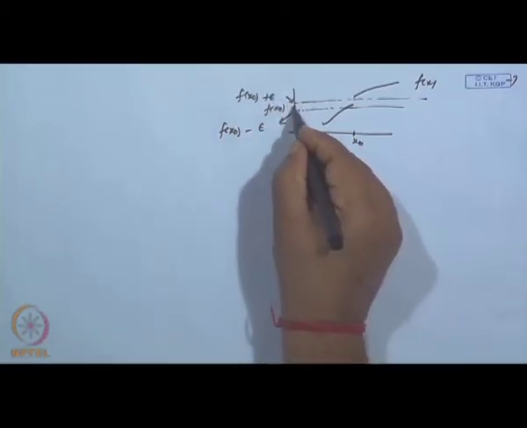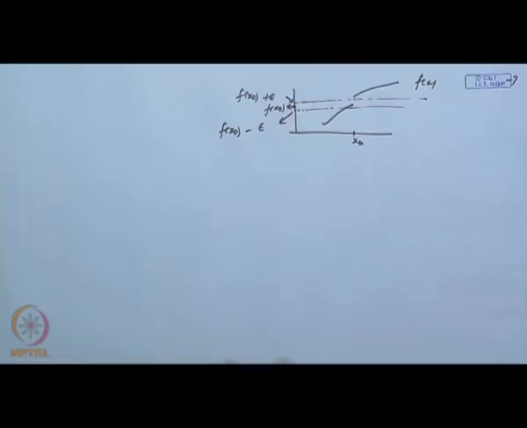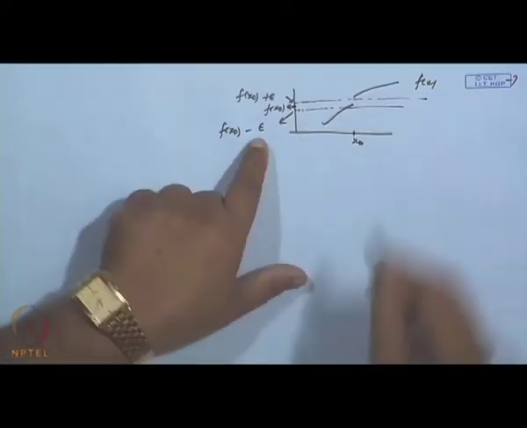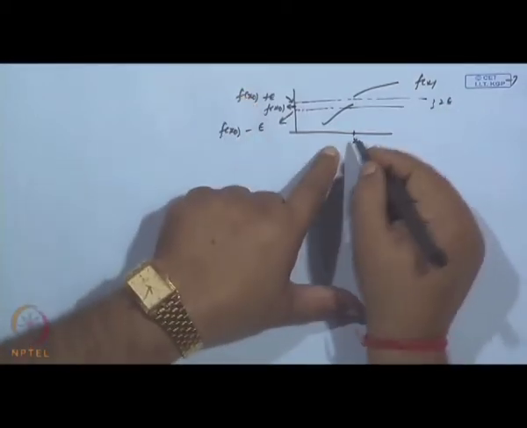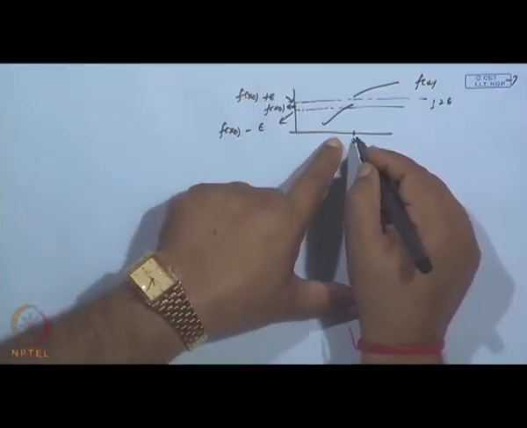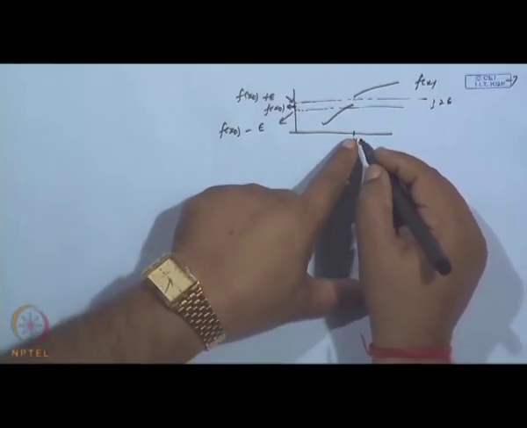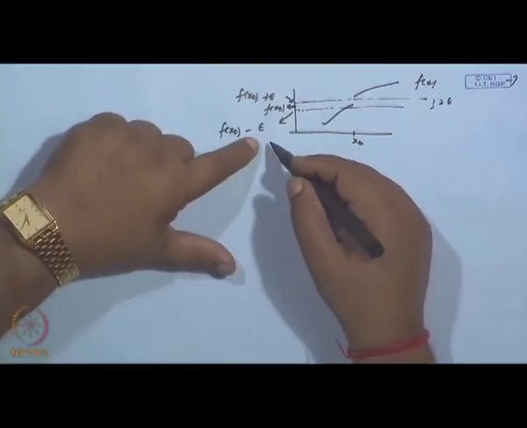So for this epsilon, this is the width 2 epsilon. For a given epsilon, there must exist an interval neighborhood around the point x naught such that the fluctuation should not exceed 2 epsilon.